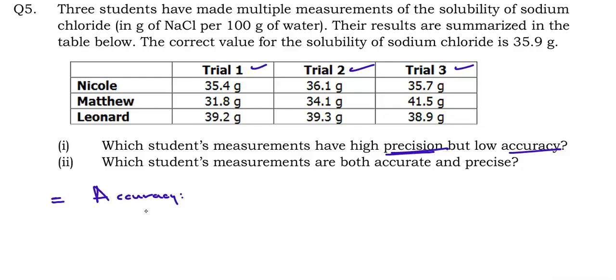When someone is said to be accurate, it means that his or her measured values are closer to the true value. We have been given the true value of sodium chloride to be 35.9. So accuracy is how close the measurements are to the true value.